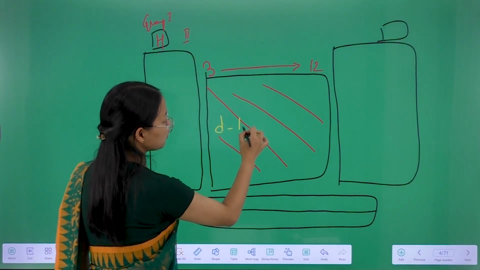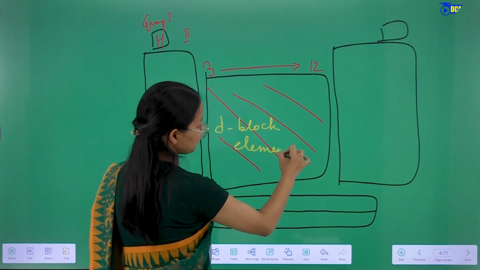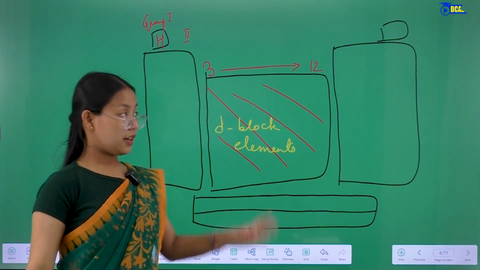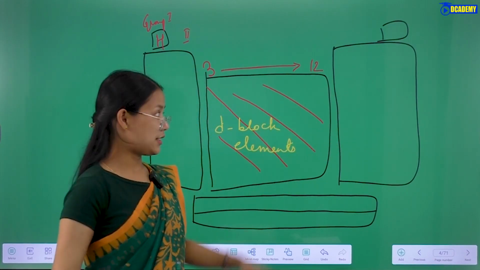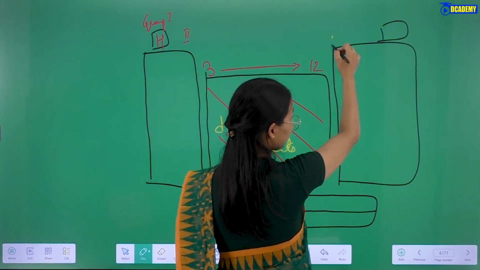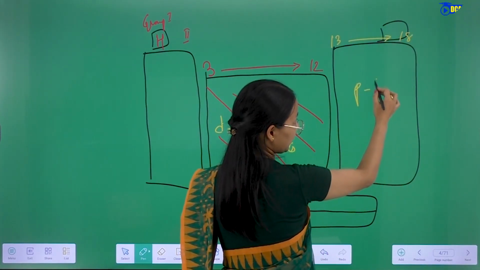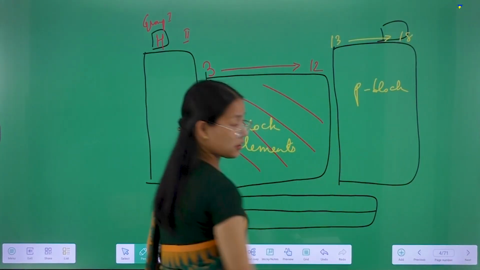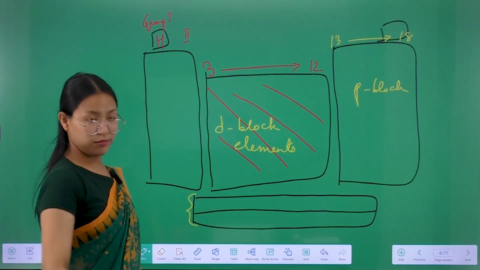The D block elements. Group number 3 to group number 12 are the D block elements. Then group number 13 to 18 will be known as the P block elements.